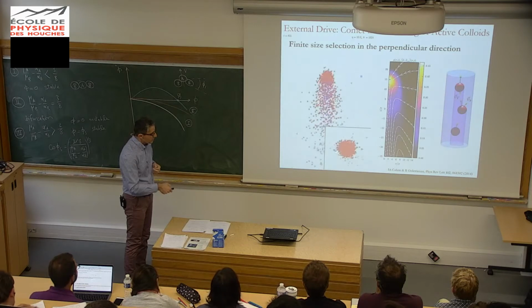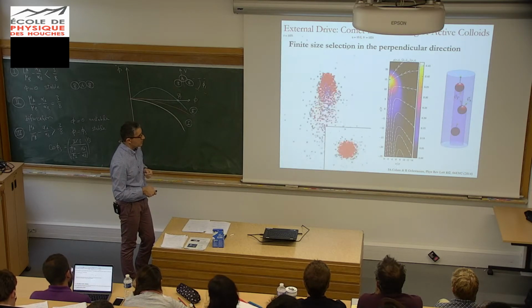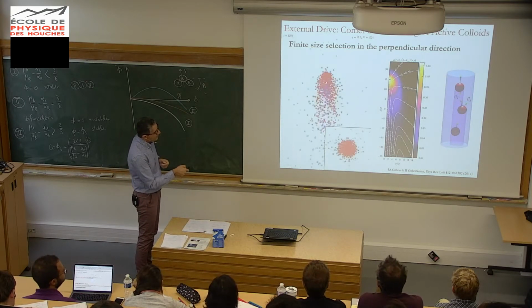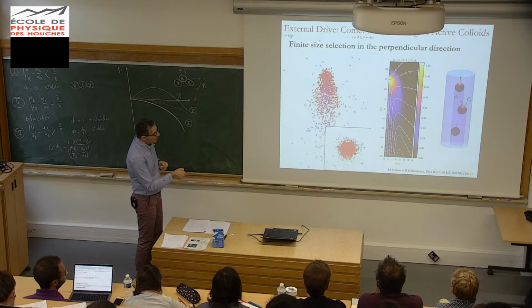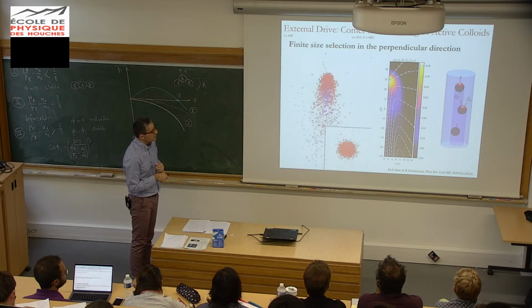This is the top view that you can see, and you can control this size by changing the driving force, which is the intensity of light here. These colloids that are red, they receive light. The ones that are blue, they won't receive light, and that effect is taken into consideration in the simulation.